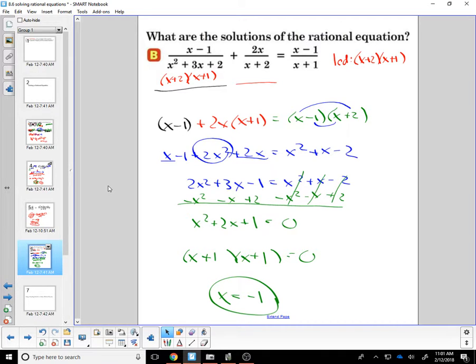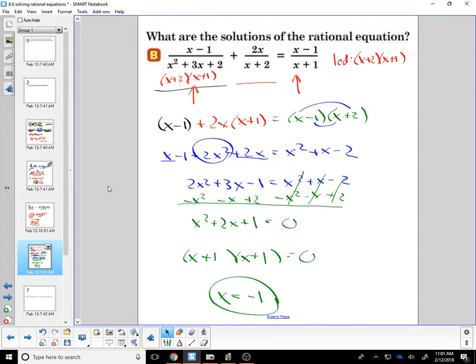Wouldn't negative 1 create discontinuity? What did you say? One more time? Negative 1 would create discontinuity. If I use negative 1, how would that create discontinuity? Wait, where are you getting the answer? That's what we got as a solution for x. Yeah. If I took that negative 1 and I plugged it in right there, that would create discontinuity. And if I plugged it in right here, it would create discontinuity.